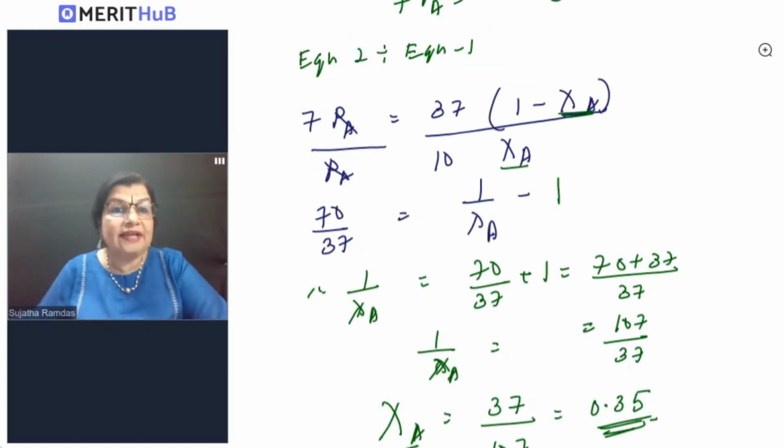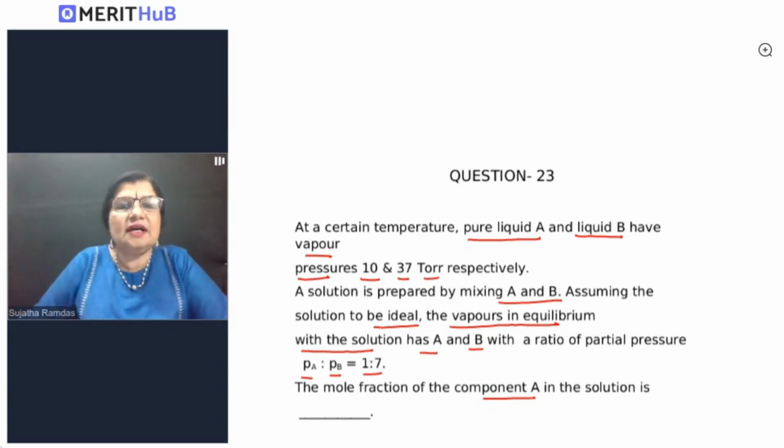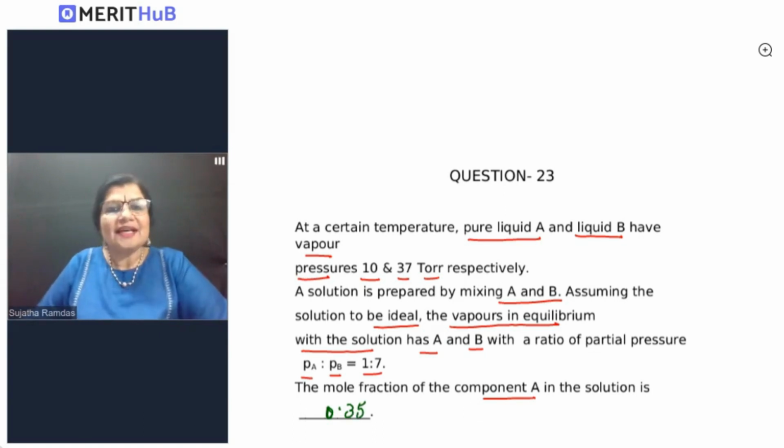But if you want to find out mole fraction of B, that would be 1 minus 0.35. All right, let's go back to the question. And therefore, the answer here would be 0.35, or 0.347 to be precise. Okay, this is how you solve this question.